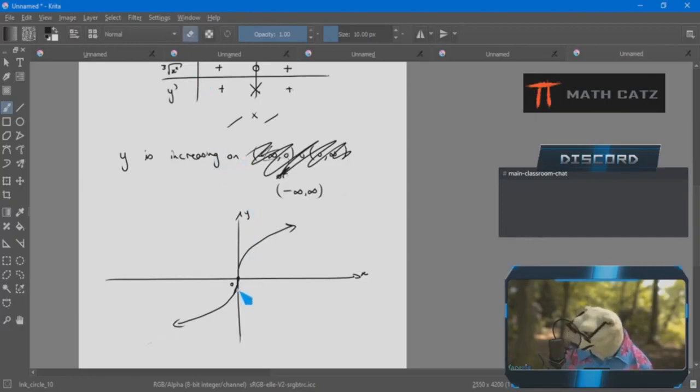So this I have not seen before. If I have a function that's defined everywhere, yet the derivative doesn't exist, vertical tangent line. Vertical tangent.